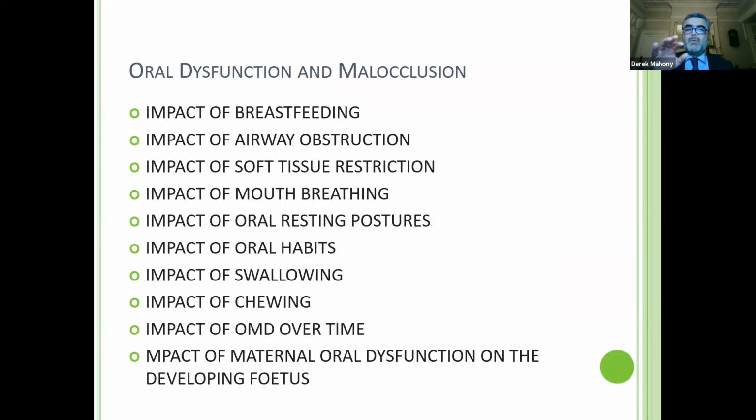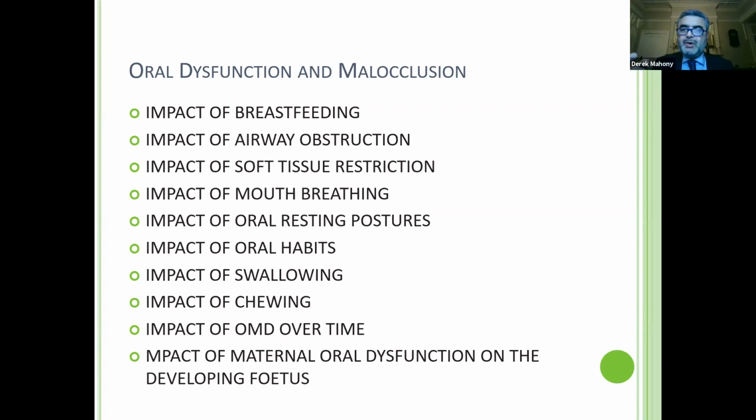So we divide the malocclusion, which is a bad bite, and oral dysfunction into a number of factors. If you don't breastfeed in an upright position for at least 6 months, you have a higher chance of your palate not developing correctly, and your tongue then develops what's called a downward forward position because it's not used to stimulate the compression of the nipple.